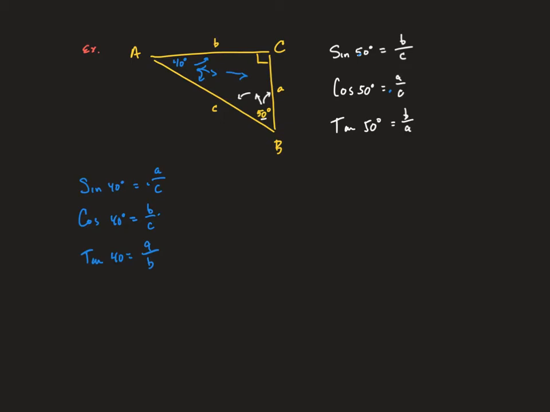In doing so, we might notice that the sine of 40 degrees is going to be equal to the cosine of 90 minus 40, which is the cosine of 50 degrees, its complementary angle, okay? That's just tying a little bit of a relationship together.